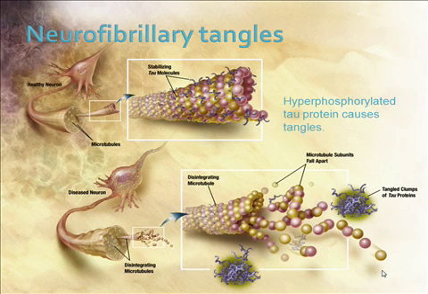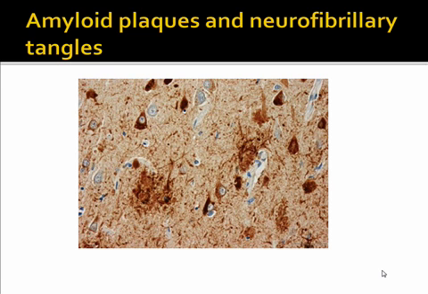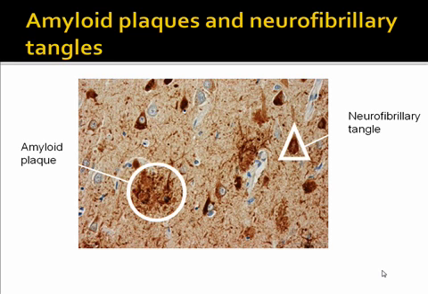And when this happens, they start to fall apart and form tangled clumps, which we call tangles. In this pathologic slide, we see both amyloid plaques and neurofibrillary tangles in a high number, which is highly suggestive of Alzheimer's disease.